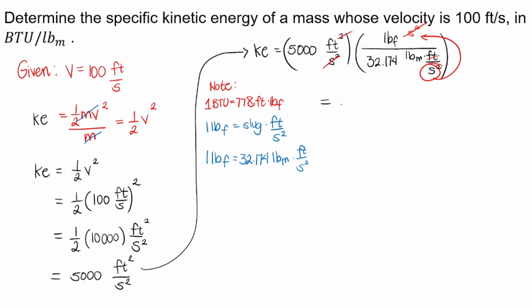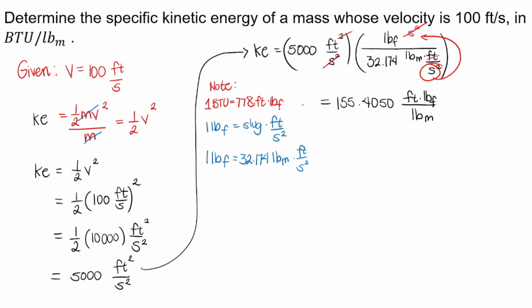Pero in your calculator, you must shift store to maintain accuracy. So, pag pinindot 5,000 divide 32.174, that is 155.4050. Ang matitirang unit is may isang foot, tas pound force all over pound mass. And since we've arrived with this energy per unit mass, we're on the right direction.